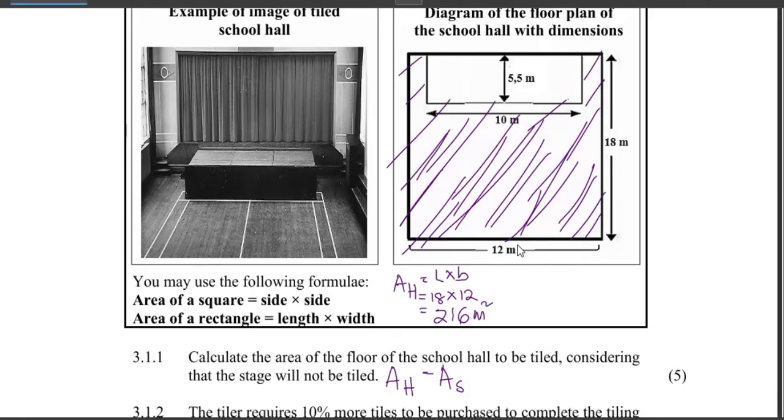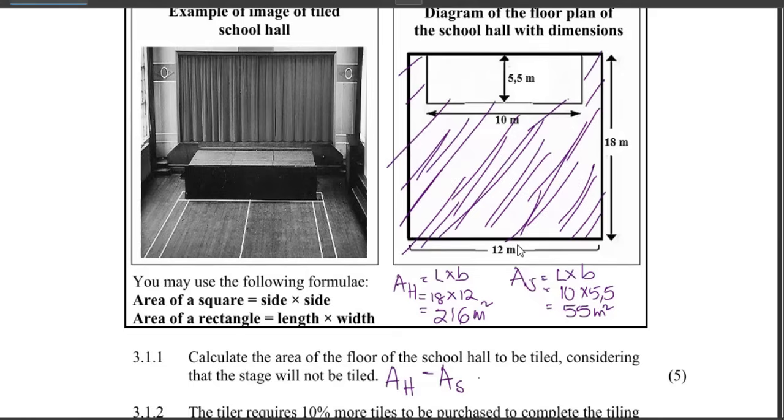These are meters squared. Then go ahead and look for the area of the stage, which is also a rectangle, length times breadth. Its length being 10, its breadth being 5.5. So here we have the answer 55 meters squared. But this is not the end. We are looking for the area to be tiled. As I told you, we need to subtract.